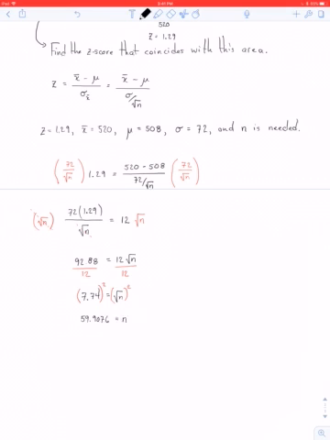And if you think about this, you can't take 59.9 test scores. So really, the sample was of a group of size 60. And you're just seeing some rounding error.